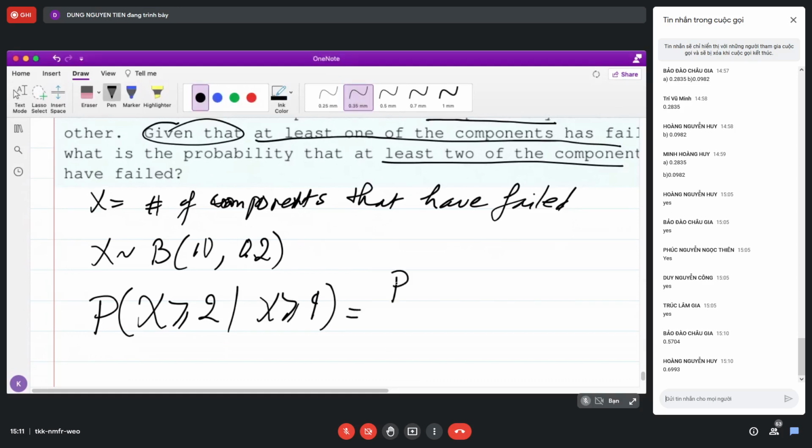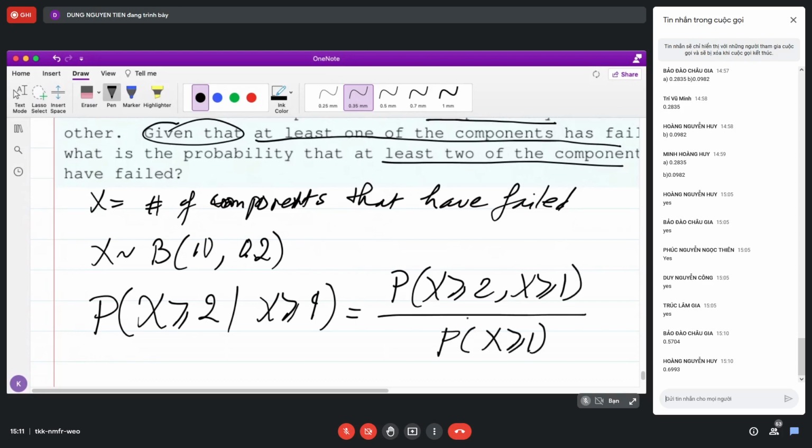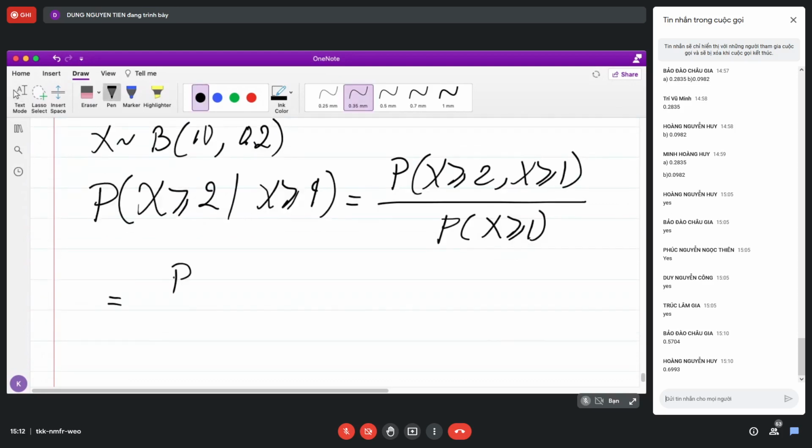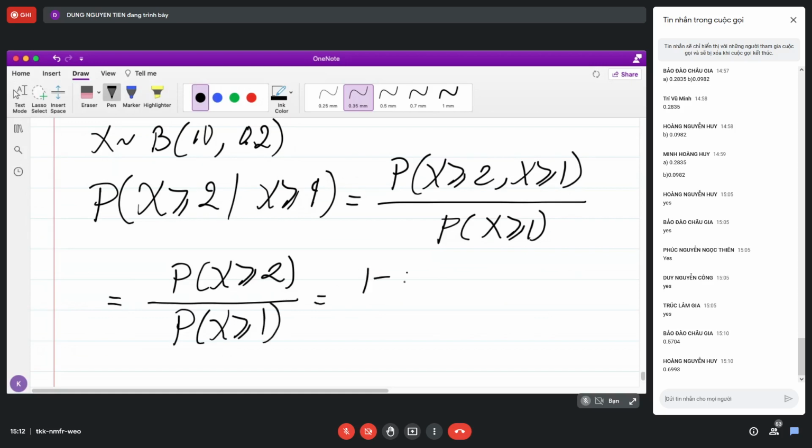You get the probability that X is at least 2 and X is at least 1, over the probability that X is greater than or equal to 1. And then you get the probability that X is greater than or equal to 2, because at least 2 and at least 1 is equivalent to X being at least 2, over the probability that X is greater than or equal to 1. And this is 1 minus the probability that X equals 0 minus the probability that X equals 1.